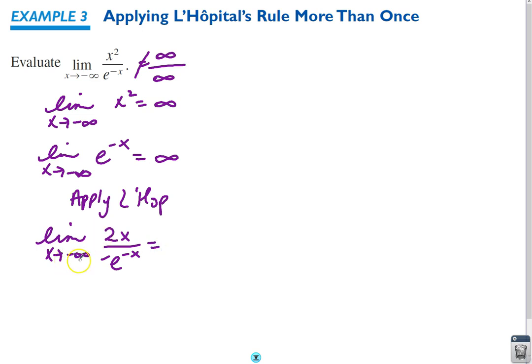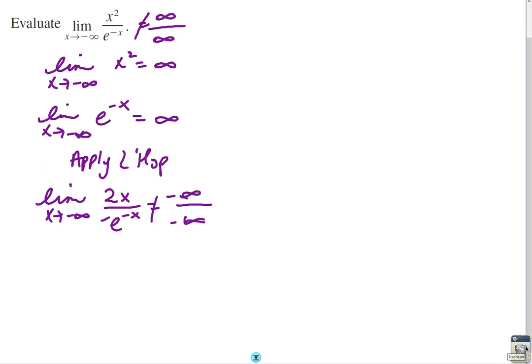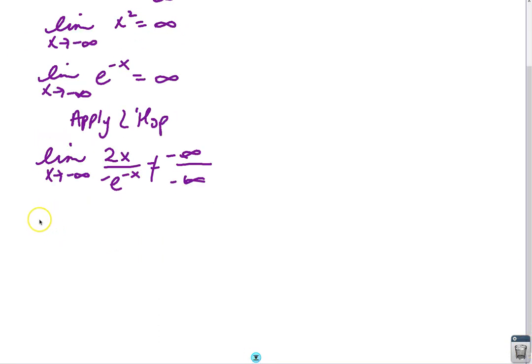Then I end up with 2 times negative infinity over negative infinity. Again, I get another indeterminate. That means there is still a limit. I just have to go a little bit further. So I'm going to do this all over again. The limit as x approaches negative infinity of 2x is negative infinity.